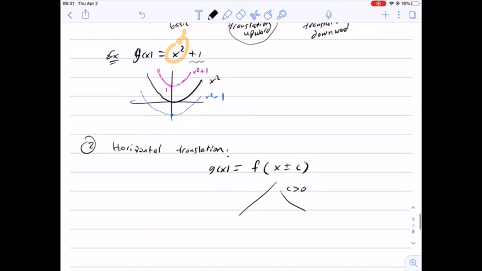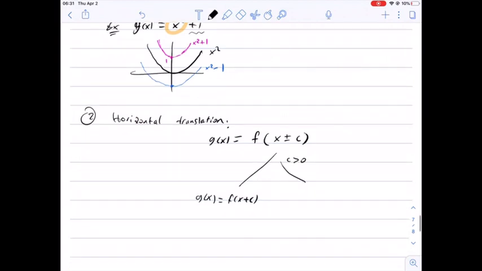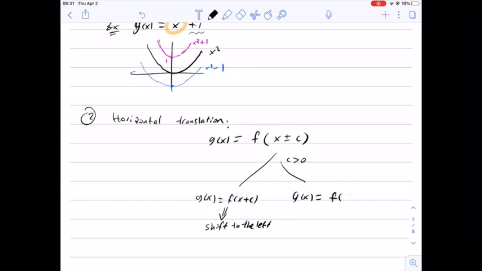So in this case, if c is greater than 0, and g of x is f of x plus c, if we add some positive constant to the variable, then we have a shift to the left. If we subtract a constant from that variable, then we have a shift to the right.